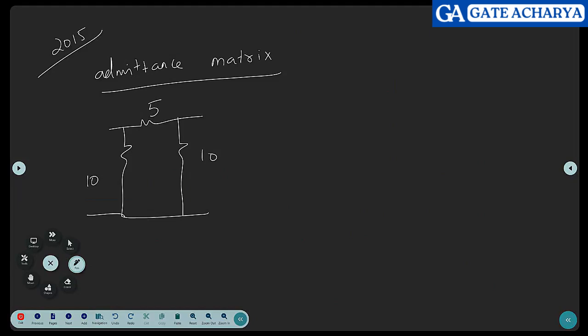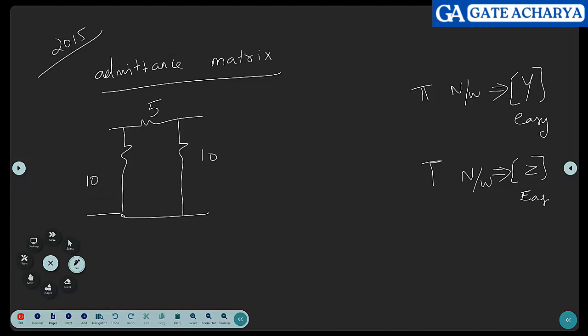Always remember, a small note I want you to write: for pi networks, finding the Y matrix is very, very easy. For T networks, if they ask for Y, what should you do?